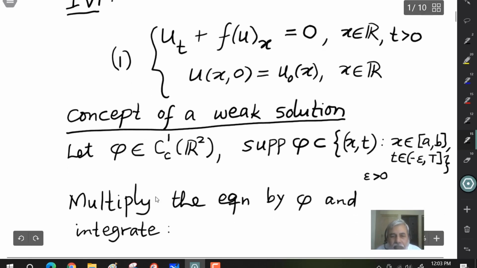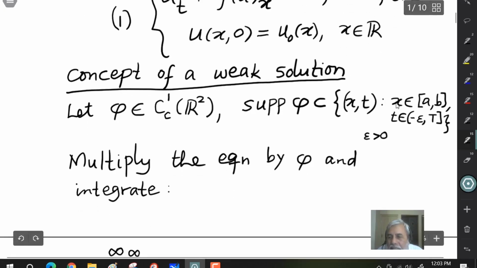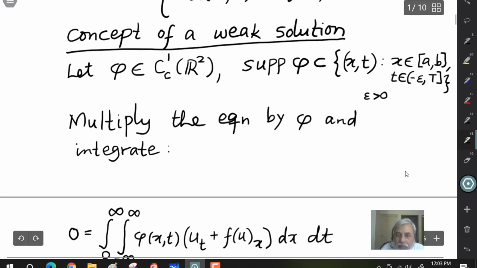This phi, as a function of two variables x and t, has support in such a set. Of course, this set depends on phi. As you change phi, the support also changes, but the structure is the same. What does that mean? Again, recall.